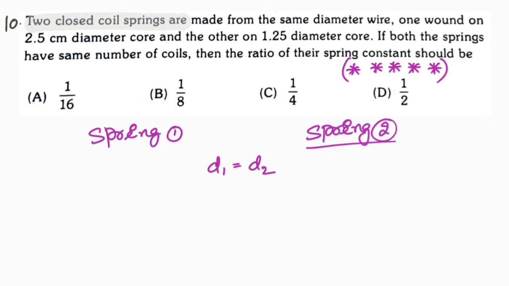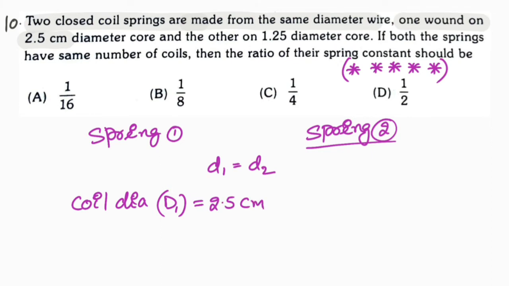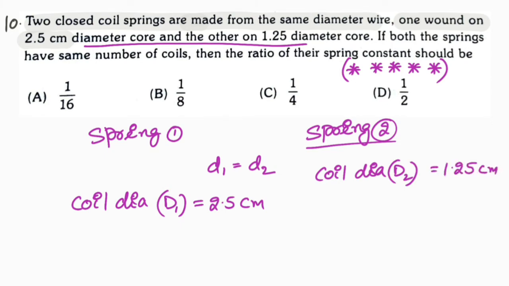Two closely coiled helical springs are made from the same diameter wire, one wound on 2.5 centimeters. So the coil diameter of spring 1, D1, is equal to 2.5 centimeters. The coil diameter of the second spring, D2, is equal to 1.25 centimeters.